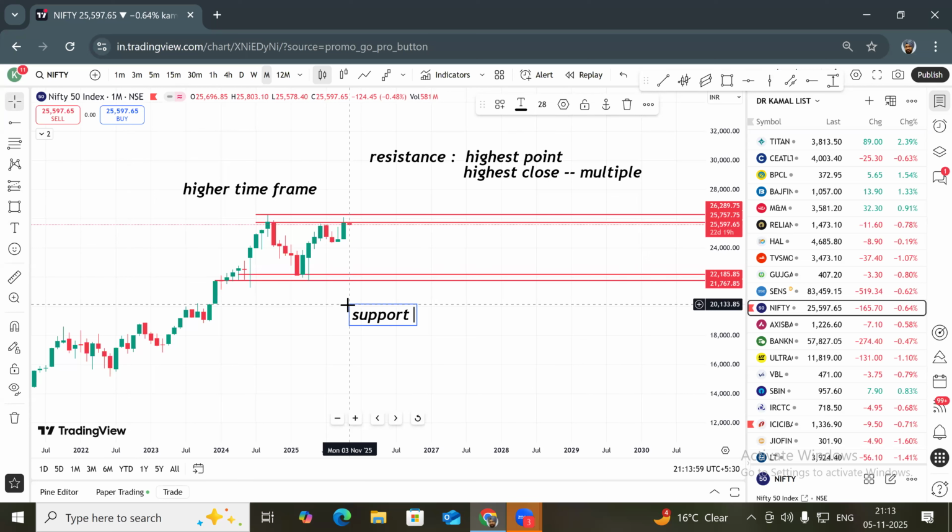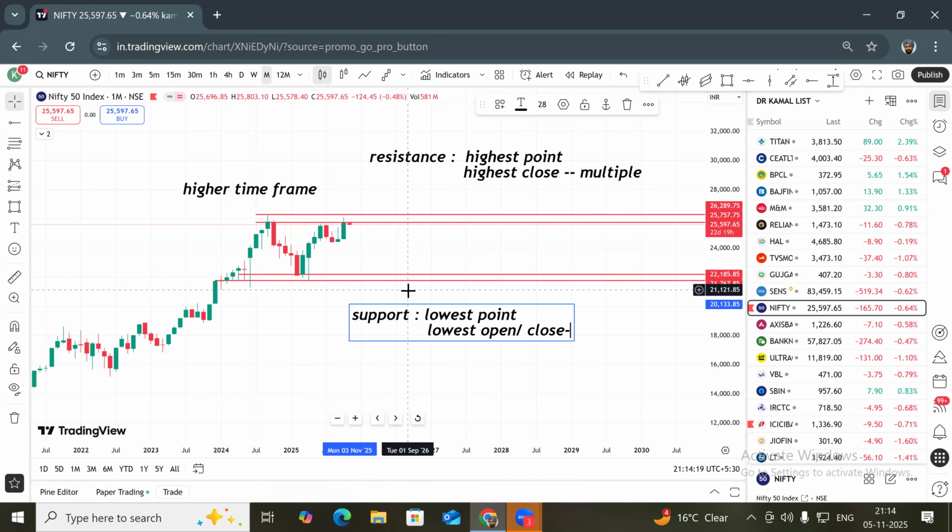For support, lowest point, lowest open, sorry. It is the lowest open, or you can say lowest close, whatever it is, oblique close. And this should also be multiple times. You can take 2 or 3, whatever it is.